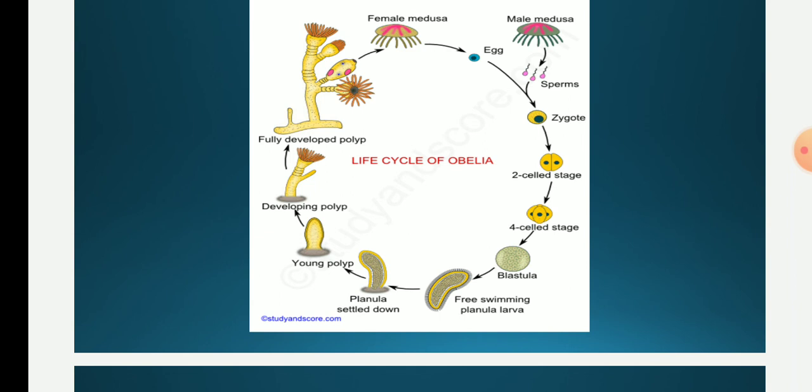So how the life cycle begins, let us revise once again. By the process of budding, the blastostyle develops several buds. These buds develop into umbrella-like zooids called medusae. The medusae contain either female gametes or male gametes.